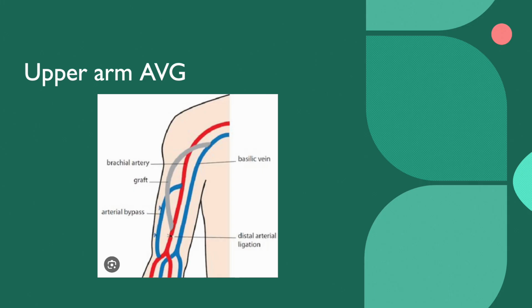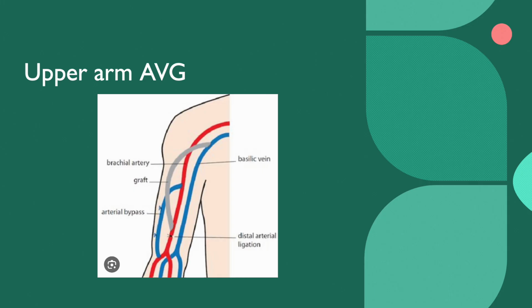Okay, and again, there are options if the patient doesn't have a big enough cephalic or basilic vein, or if there's superficial venous thrombosis, SVT, in that vein where they cannot use the cephalic or basilic, the doctor can use a graft, which is a foreign material. It's a tube, basically, that you're going to hook in.